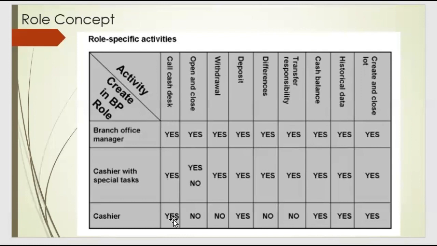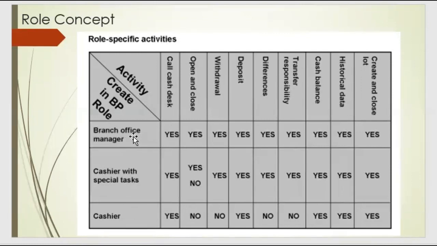He can collect the cash and deposit, but he cannot open and close. Opening and closing of the cash desk is a higher authority role, which a special-task cashier or a branch manager can do.